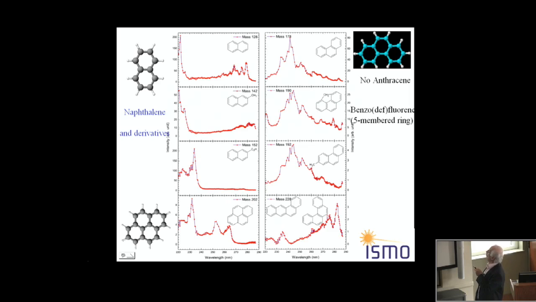Then we go to 3 rings, phenanthrene. Anthracene was almost not significantly present, and should be much less abundant because it was not possible to recognize. This molecule has a five-membered ring.